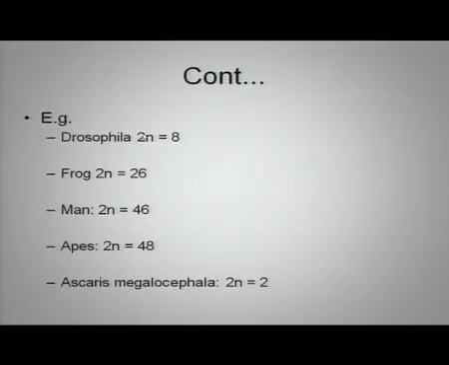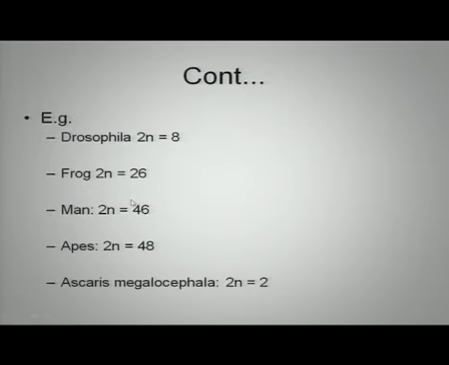For example, if it is a Drosophila or fruit fly, the diploid number is 8, 2n is equal to 8. If it is a frog, then it is 2n equals 26.